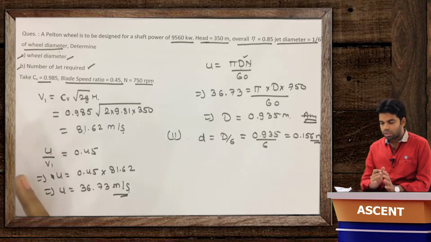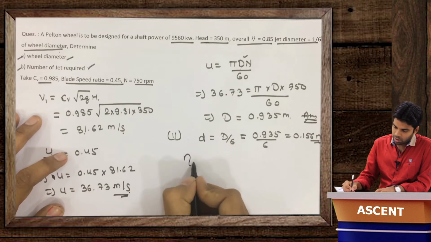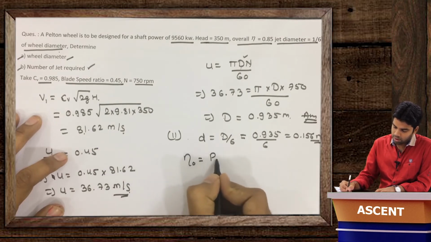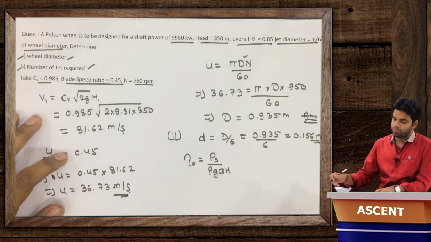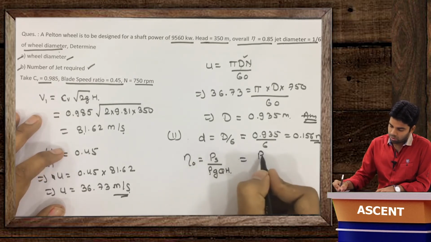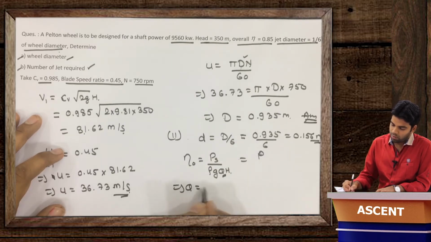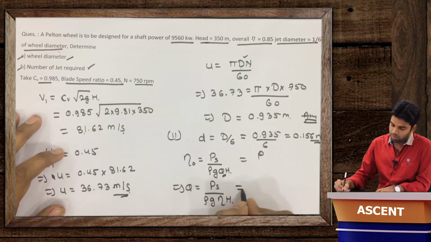Now the total discharge, if we want to determine, since overall efficiency is given, and overall efficiency as we know is shaft power upon water power. Water power is rho g Q H. So from here you can determine the value of this Q. So this Q will be equal to PS upon rho g eta into H. So just put the value.